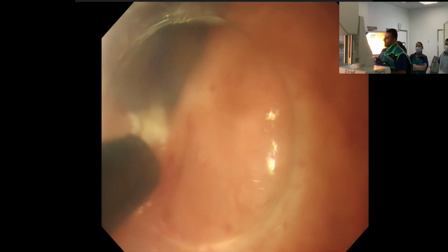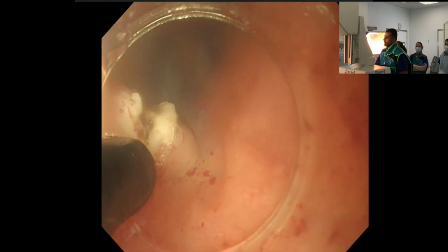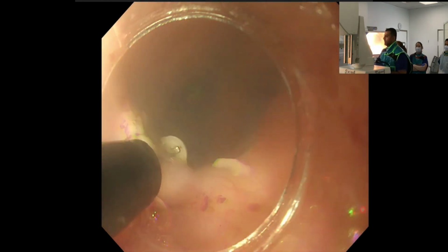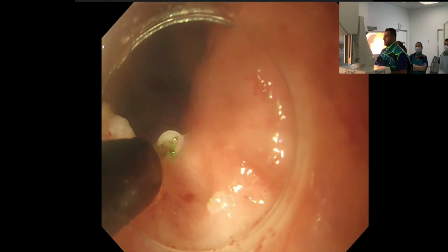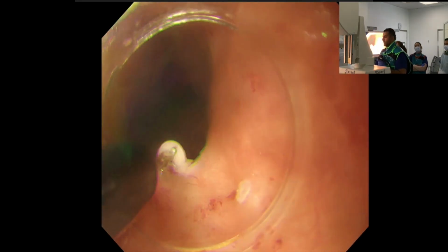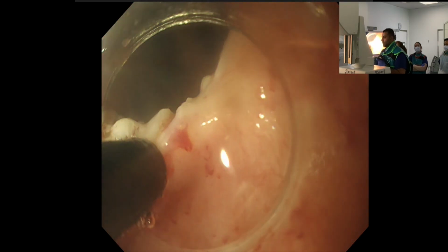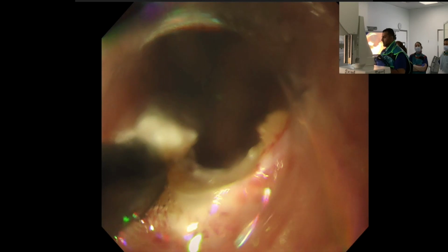Again, just using a circular motion to let the scope do the work, not the knife. Just use it as an anchor to get under that ridge and remove it and expose the underlying muscle fibers. There we go.